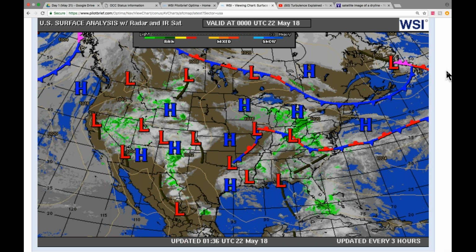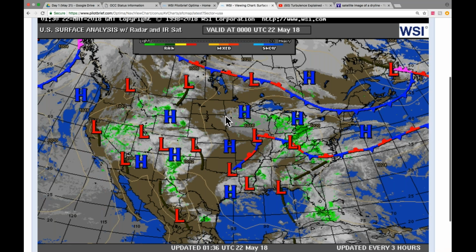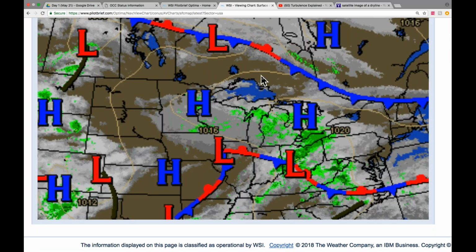Let's see if we can zoom in here a little bit. Okay, there we go. So these light tan lines are what we call isobars. Does anybody remember what they're identifying?